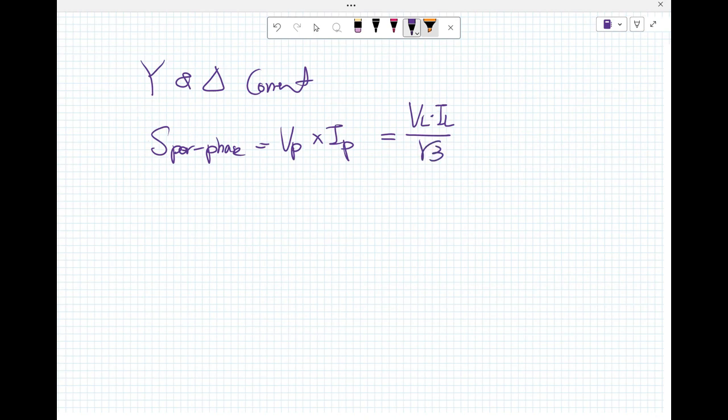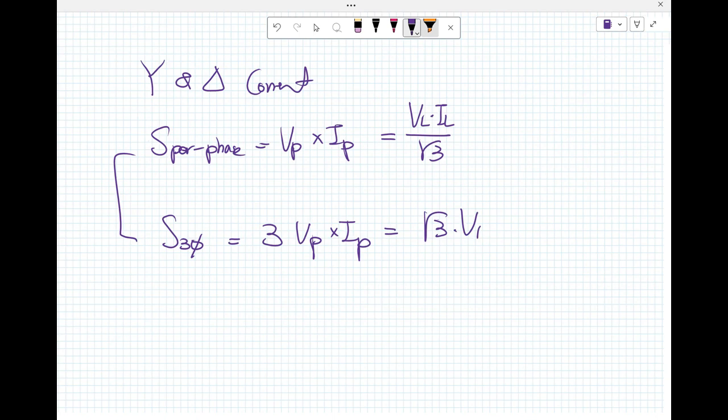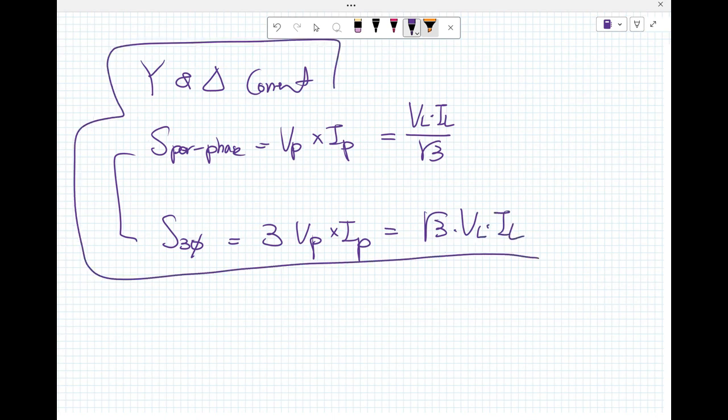Then root 3, and as three phase is for the three line voltage and the line current, okay? The connection load.